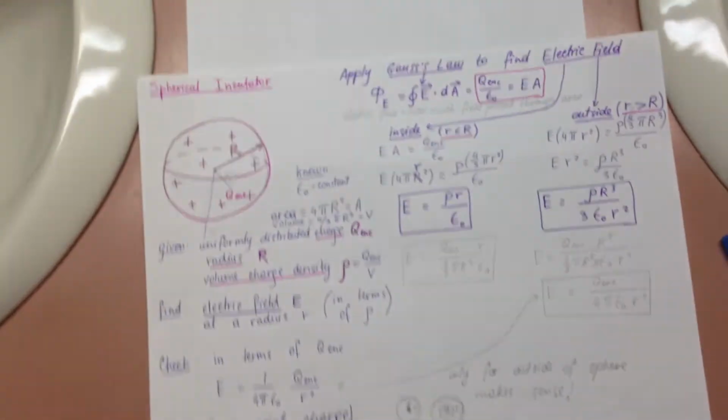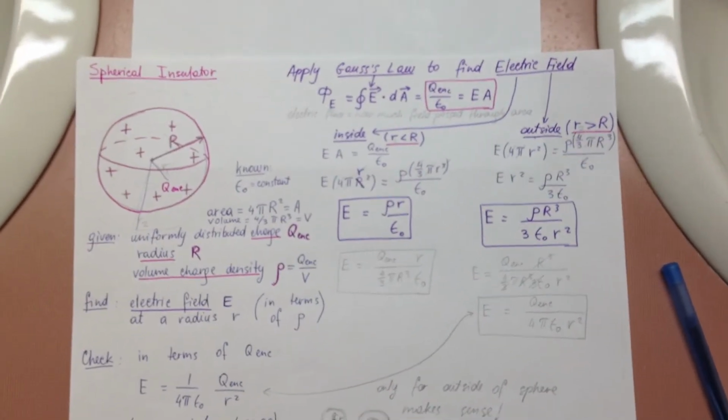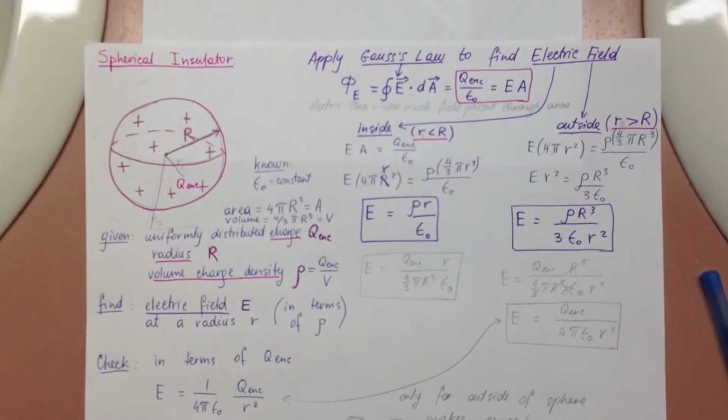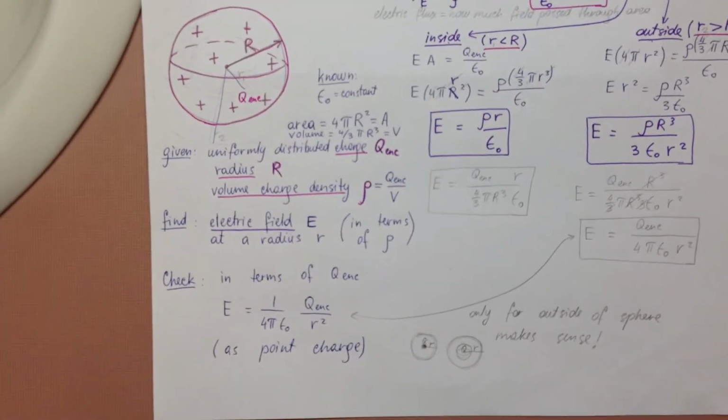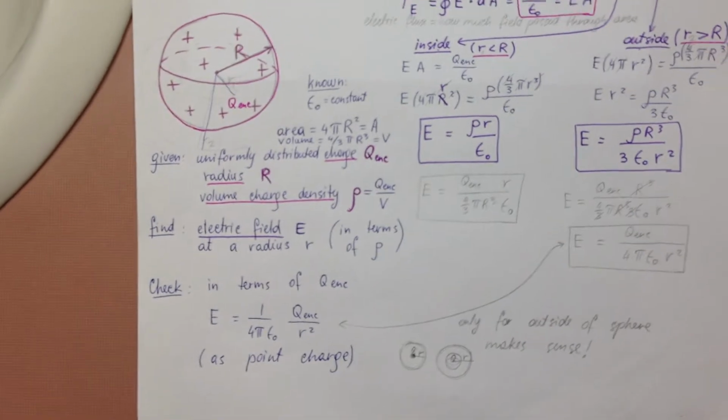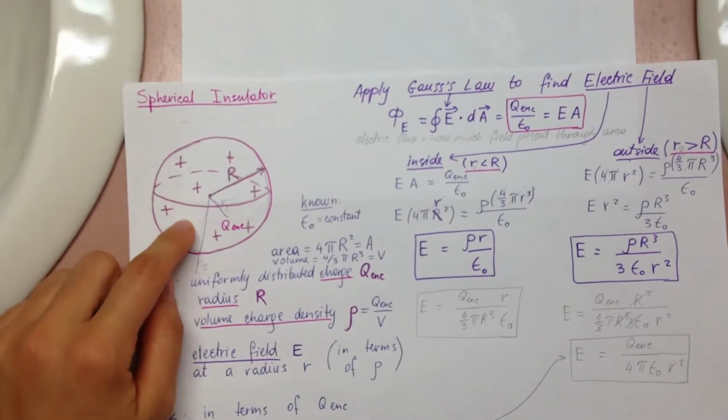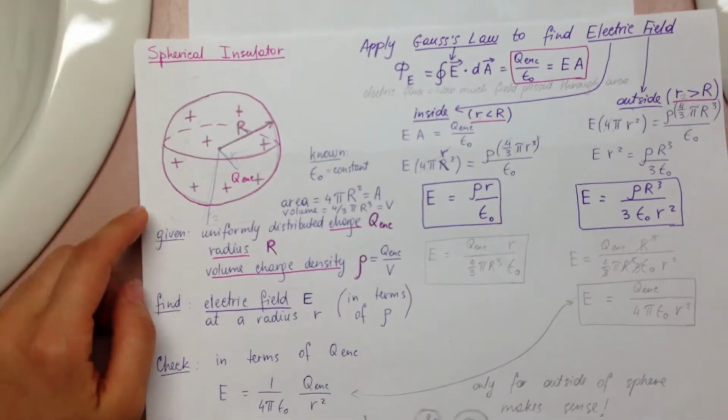Look at my application of Gauss's law to find an electric field. I am using the surface of a spherical insulator, which is represented in my diagram right here.